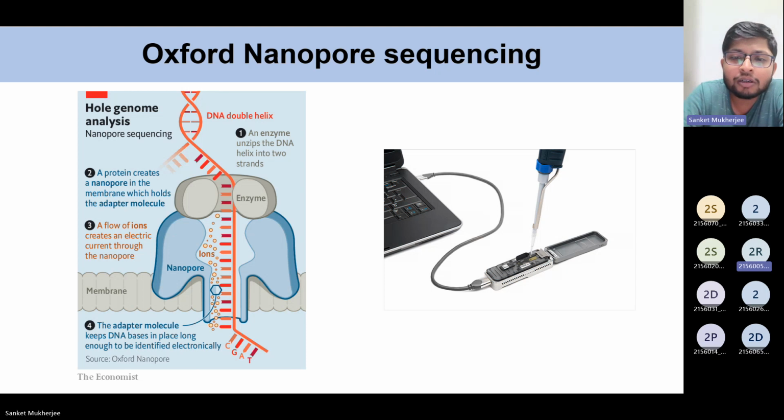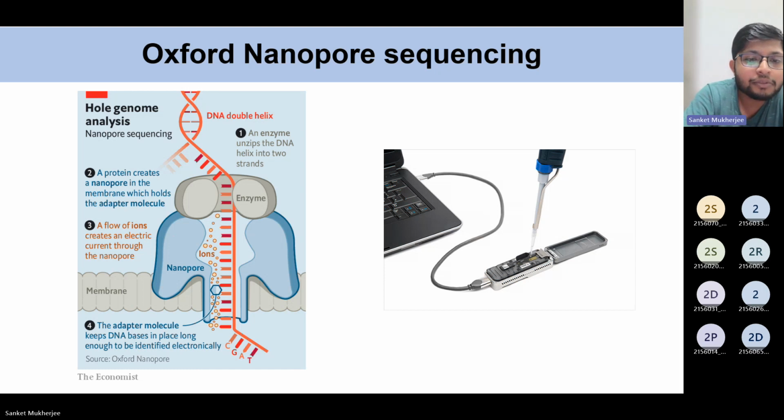Sir, what is the meaning of this line, that the adapter molecule keeps DNA bases in place long enough to be identified electronically? How is this adapter working here? This is the adapter essentially.